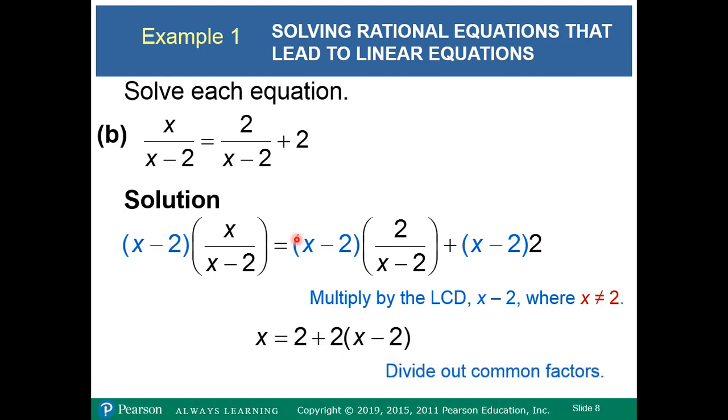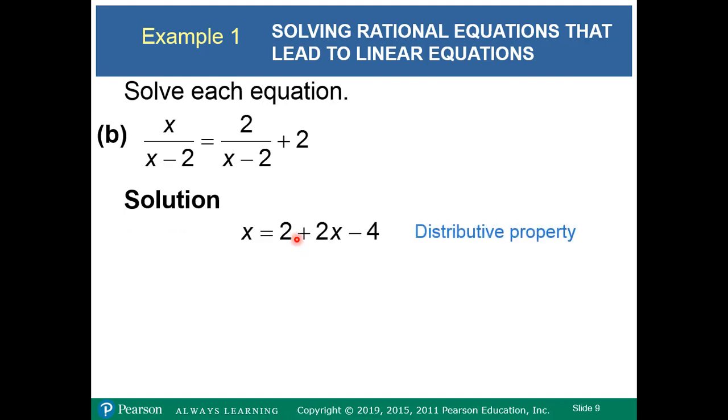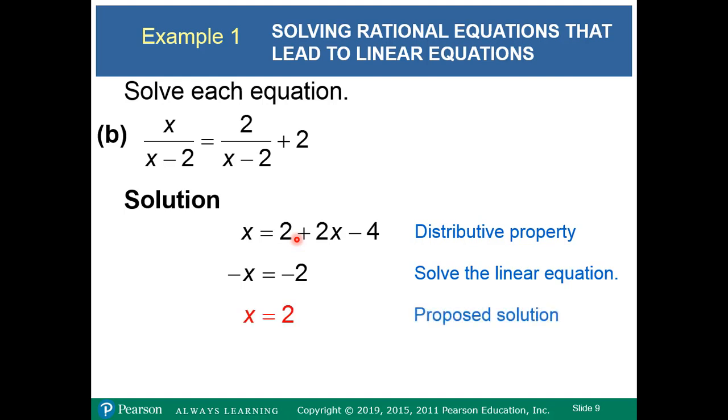And now we're going to just simplify. In this case here, we're just going to use the distributive property and then add like terms and solve. And so we get negative x equals negative 2, which means x equals 2.